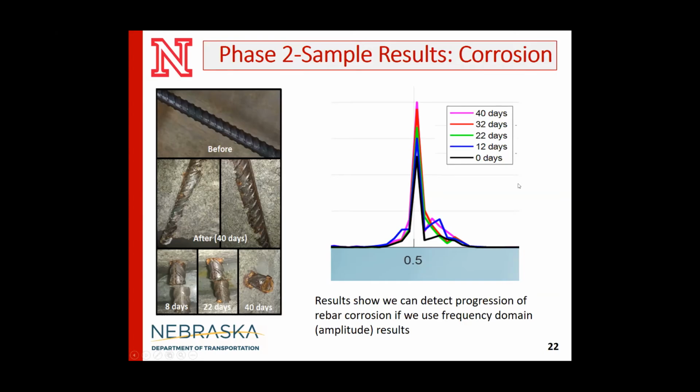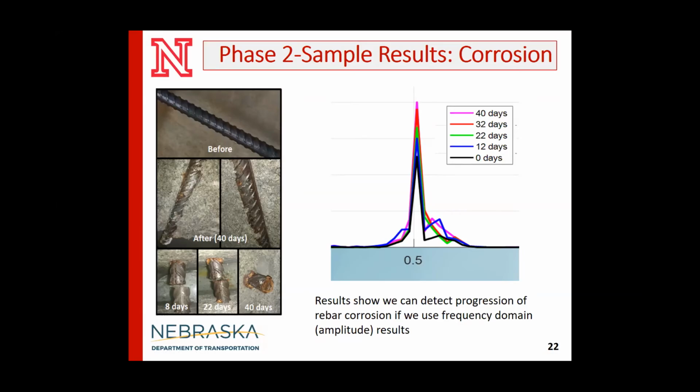Now, the amplitude is increasing in corrosion measurements compared to the decreased leakage in delamination measurements. Which can be explained as corrosion in the first stages actually improves the bond between the concrete and the rebar. Since you have better bond, more energy can leak into the concrete, so your amplitude increases.